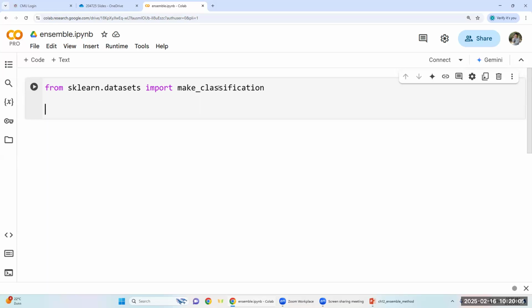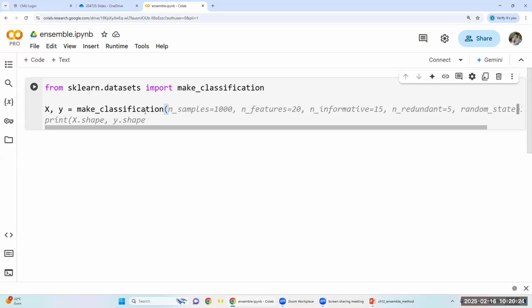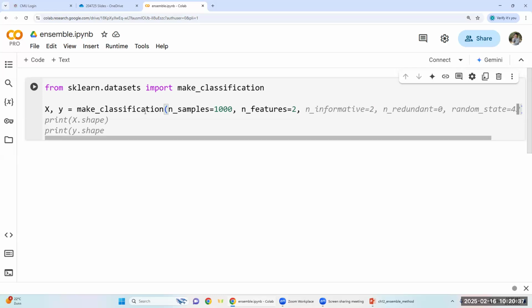So this function will generate the data for you. So we're going to have X and y equal to make_classification. So it's going to be a classification problem. You can specify the number of samples. Let's start with like 1,000 examples. For the number of features, because we want to visualize, I will only use two features.